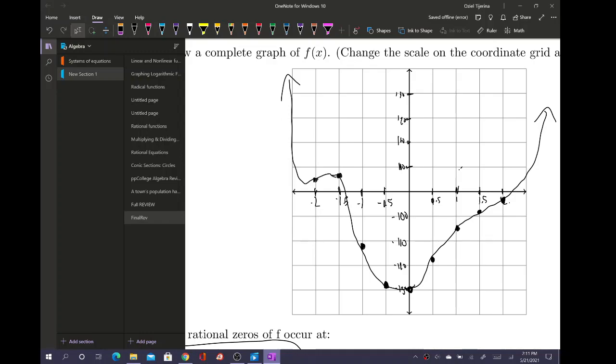So obviously, to find the local minimum, let's see here.